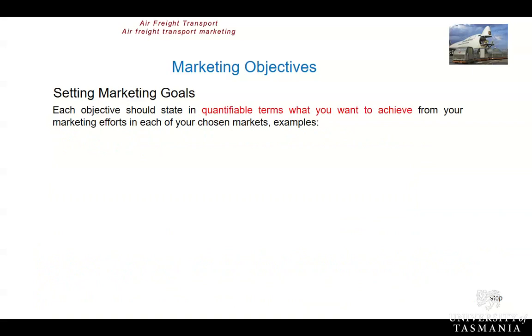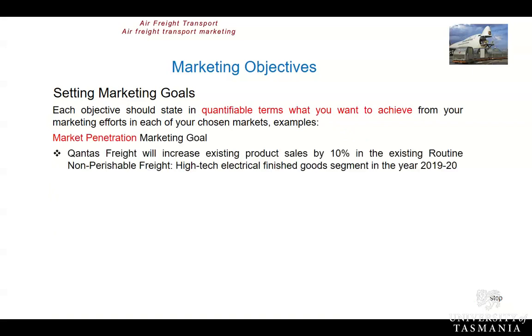Now, that might look like something like this if you were writing it as a goal for your business. So if you chose the market penetration marketing goal, for example, you could write it in this manner. And I'm just using Qantas Freight in this particular example. Qantas Freight will increase existing product sales by 10% in the existing routine, non-perishable freight, high-tech electrical finished goods segment in the year 2019-20.